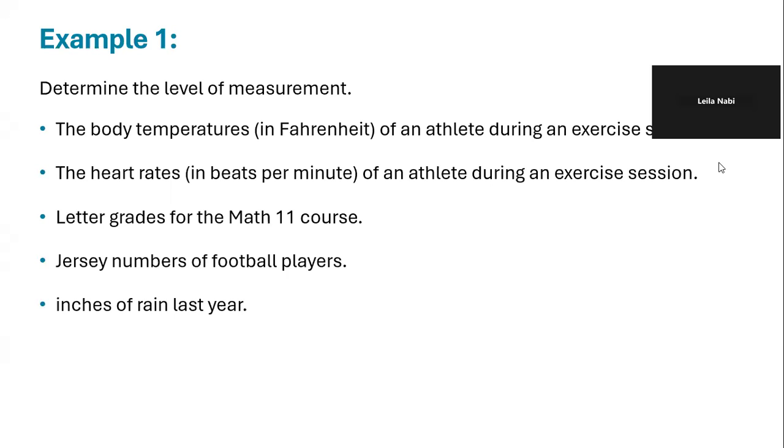Since they are numbers, for sure it cannot be nominal. It should be ordinal, interval, or ratio. I can put the body temperatures in order, so it can be ordinal. And I can find the difference between the temperatures, right? So it can be interval as well.